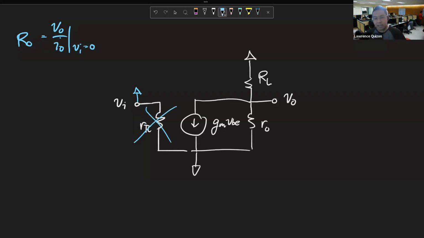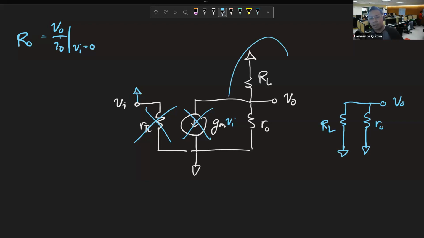No? And in fact, VBE here is V in. No? VBE here is V in, but since V in is now 0, this is also gone. No? So the remaining circuit is R out and RL.